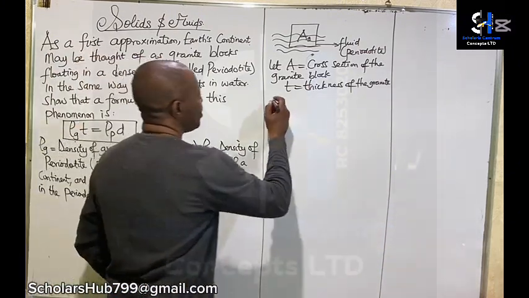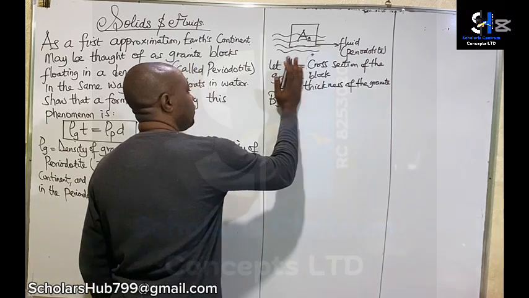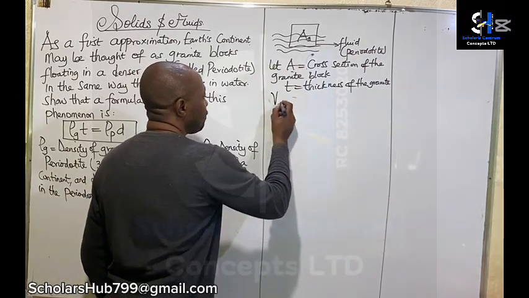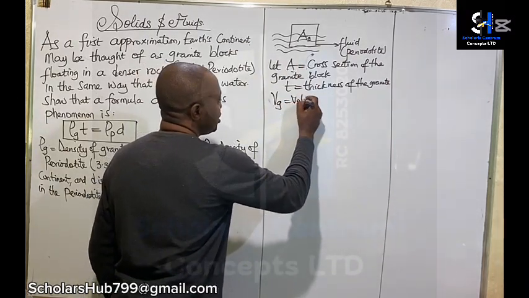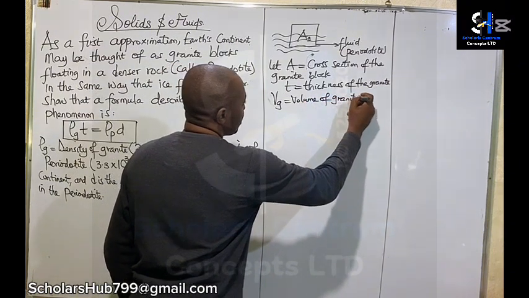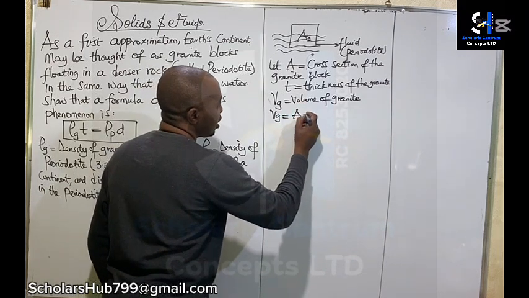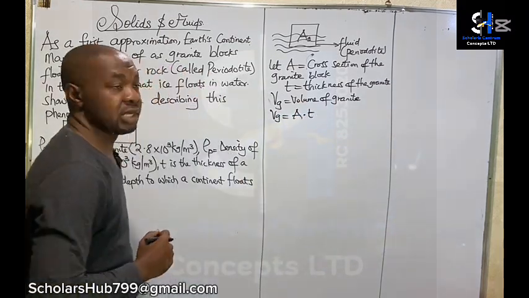First of all, we can say that volume of granite, Vg, represents the volume of granite. So that volume of granite will be area of granite multiplied by what? Its thickness.